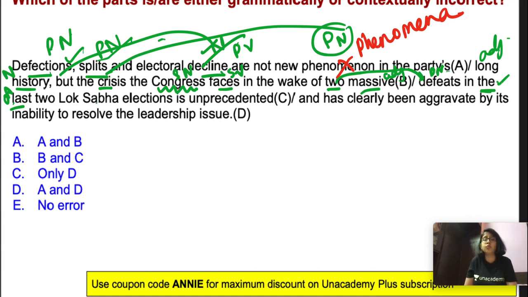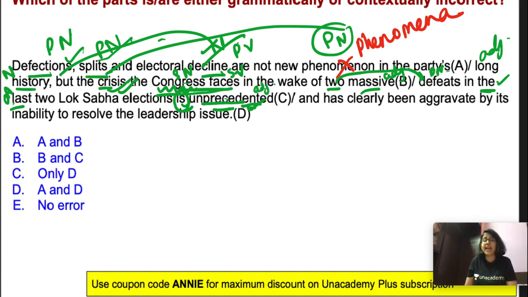The last two Lok Sabha elections, the has been used. Is unprecedented. The crisis the Congress faces, this is the subject, and this facing of the crisis is unprecedented. So this entire thing is the subject. So here singular verb has been used. Unprecedented is an adjective. Unprecedented means unparalleled.